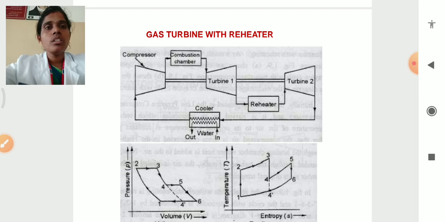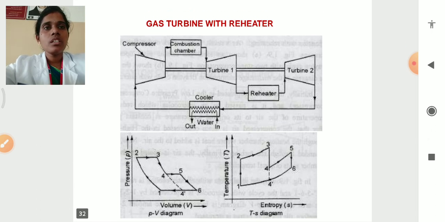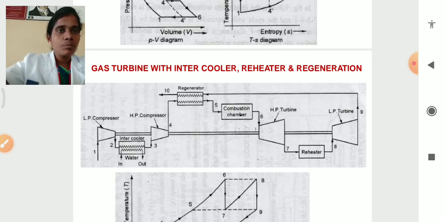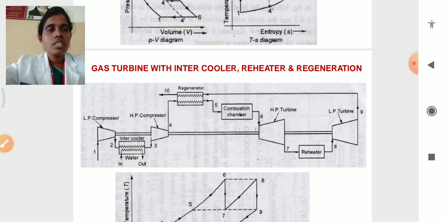Again the air from the cooler gets compressed with the help of the compressor. So the gas turbine with reheater utilizes the intercooler and maintains the temperature and pressure level. These are the gas turbines with intercooler, reheater and regeneration.